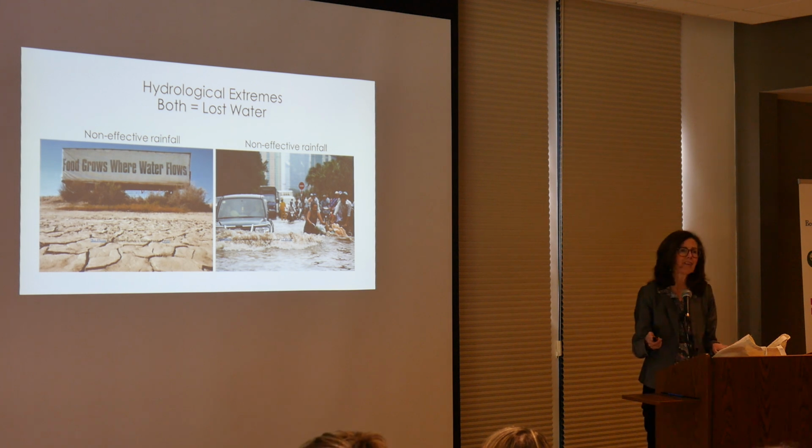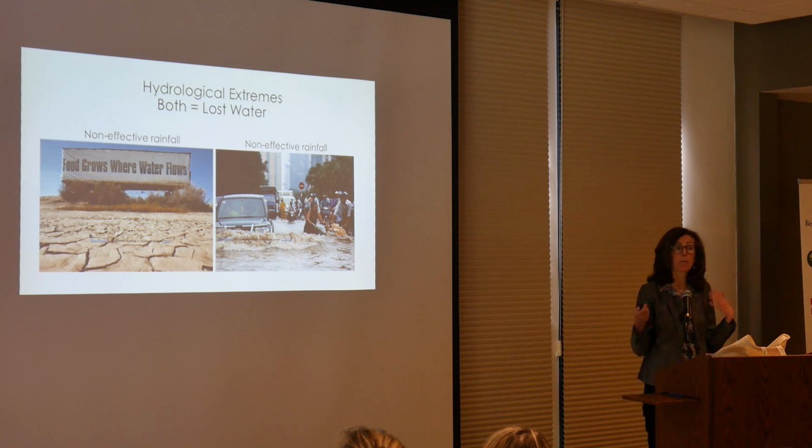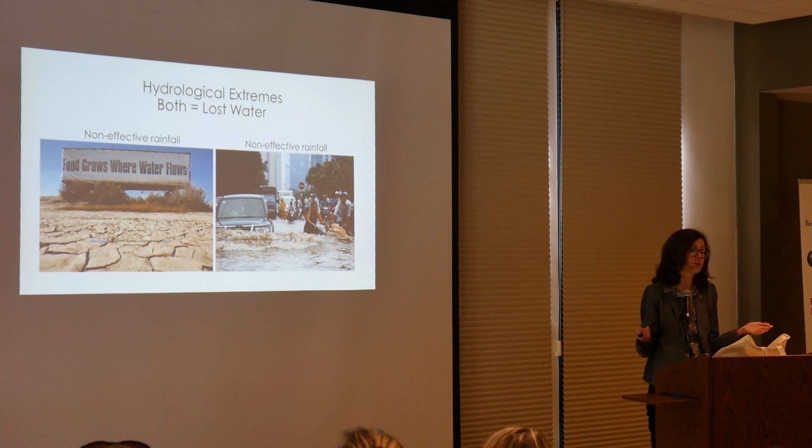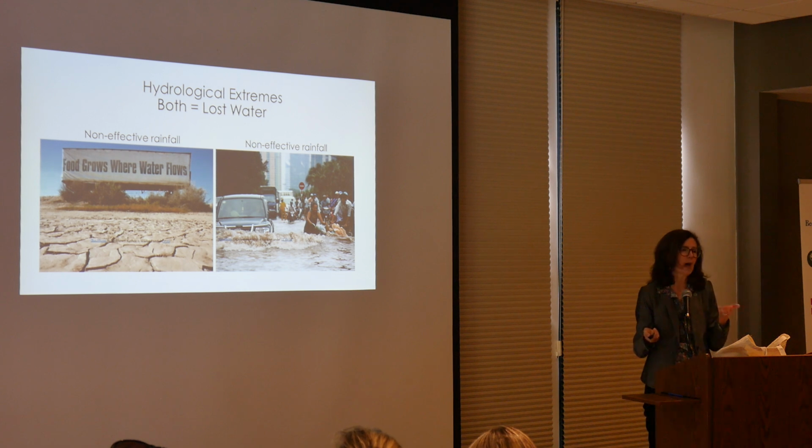So when you have non-effective rainfall, it leads to drought and to flooding. They're both actually examples of hydrological extremes where the system isn't functioning. Because in a flood, you have a lot of water, but none of it is going down into the soil sponge. If it were, you wouldn't have the flood.